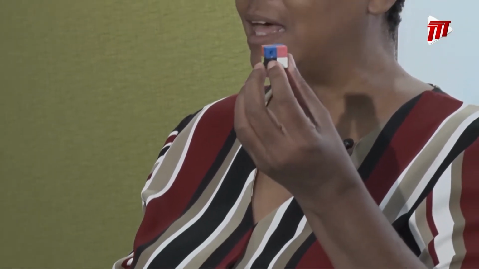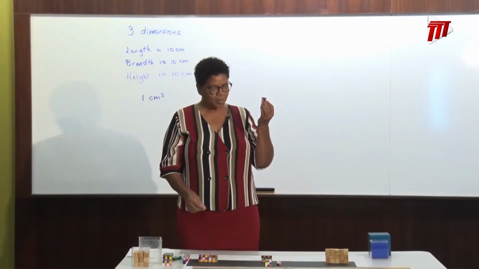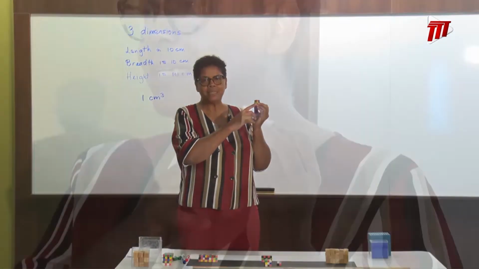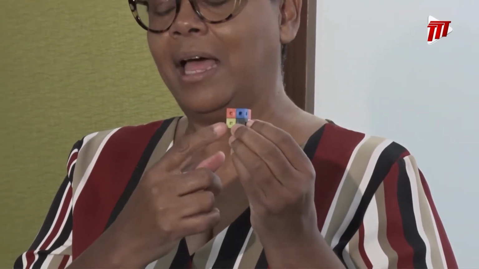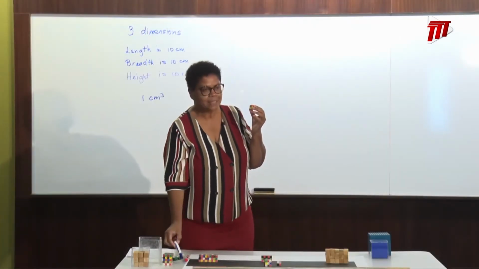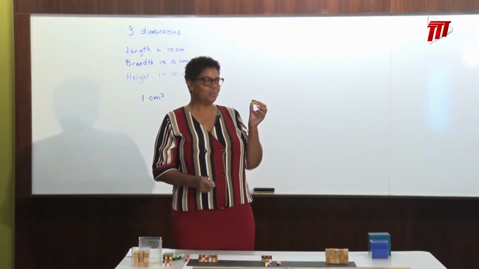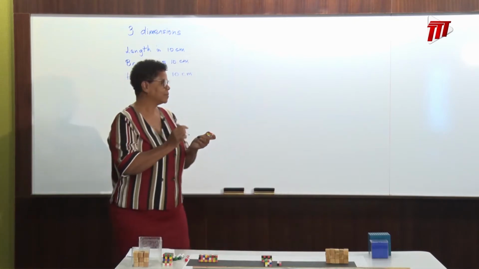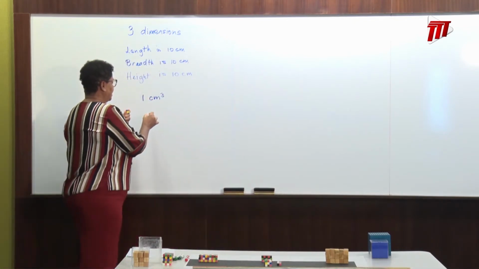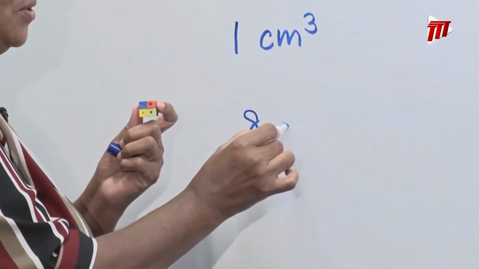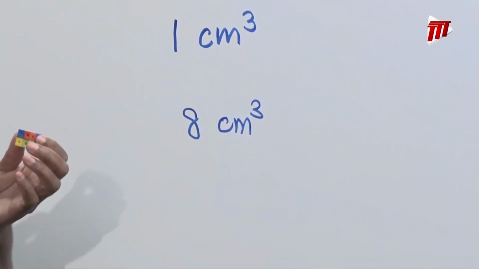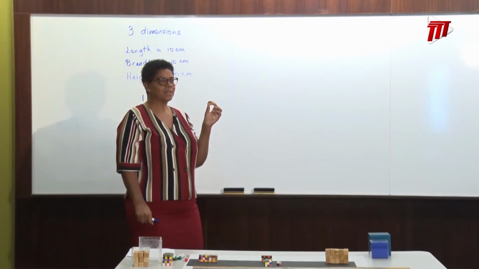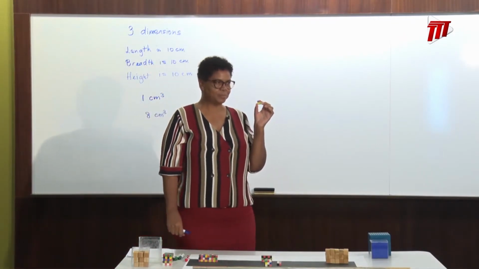So we can say that this cube, which is 2 centimeters long, 2 centimeters wide, and 2 centimeters tall, has a volume of 8 cubic centimeters. We can call this cube a 2 centimeter cube.